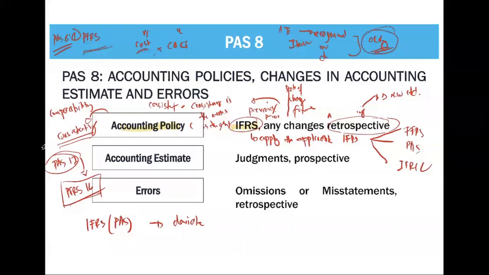We can deviate from IFRS or PAS if it results in better or more useful information. Remember, the objective of financial reporting is to provide useful information. So if you can give more useful or better information, you can also change. That way you can deviate.